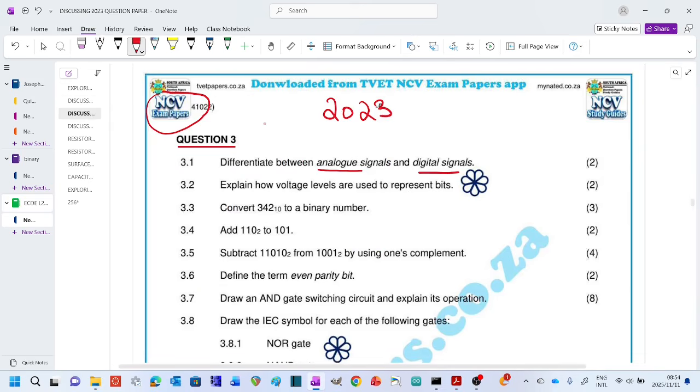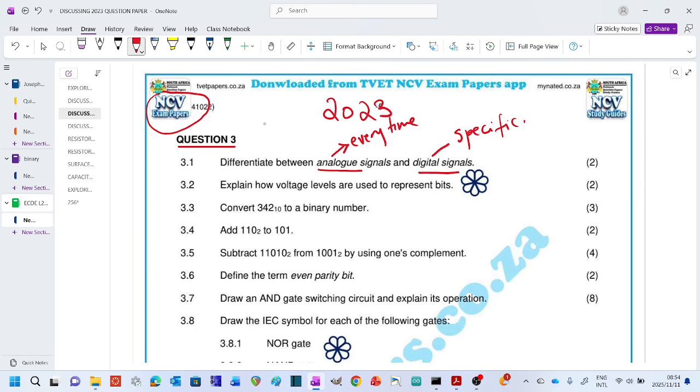An analog signal has a value at every time instance, while a digital signal has a value at specific time instances. Sometimes the examiner would ask you to represent the analog signal and the digital signal as waveforms. We've discussed that.